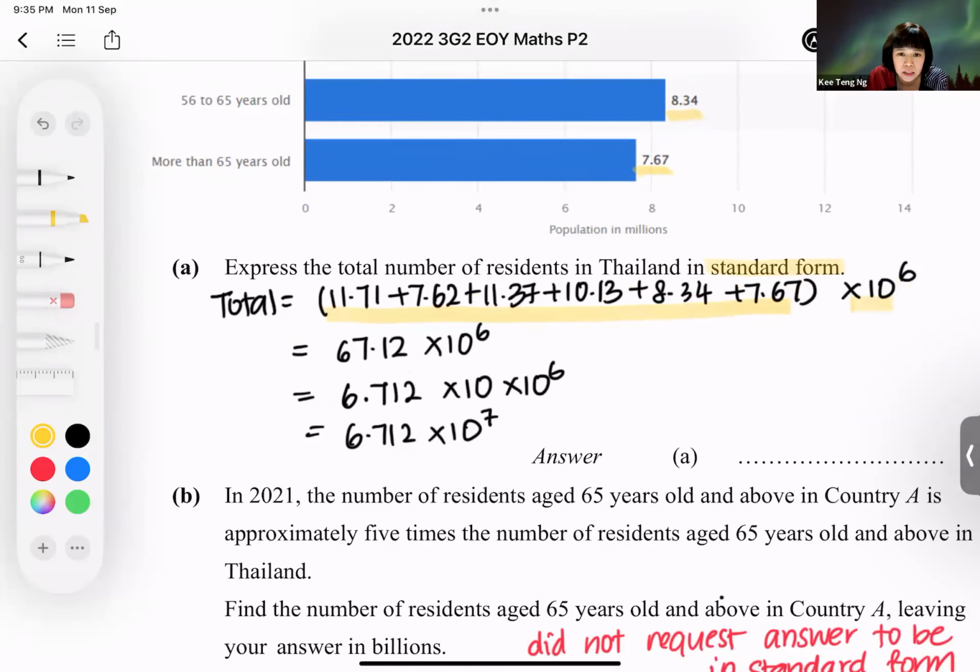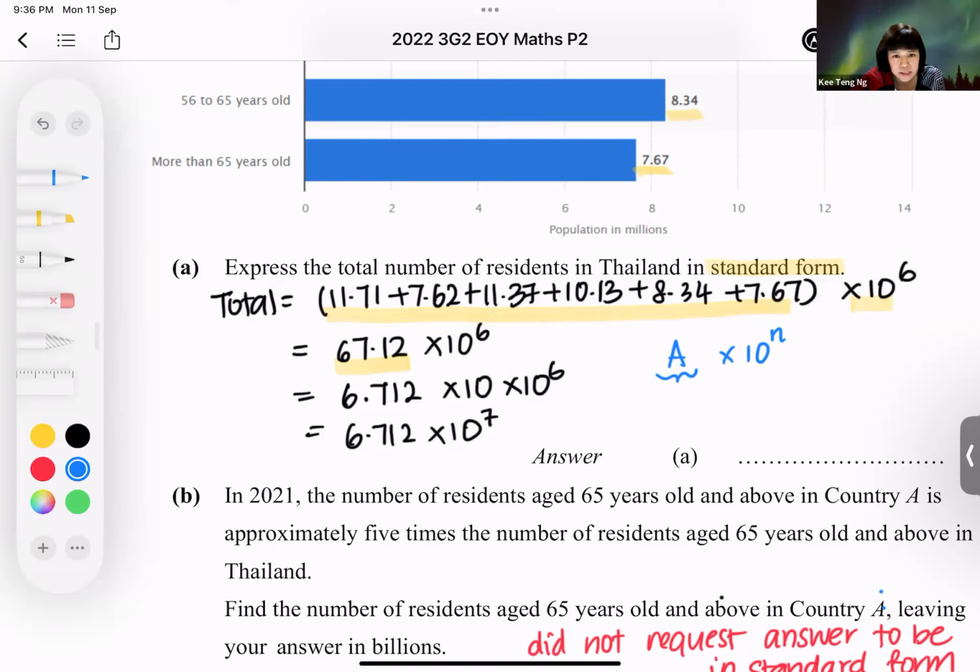However, after I add them up together, I notice that this number is not in standard form. So what do we need to do to put a number in standard form? A number in standard form must be of the pattern a times 10 to the power of n, where a is a number bigger than or equal to 1, but must be smaller than 10.